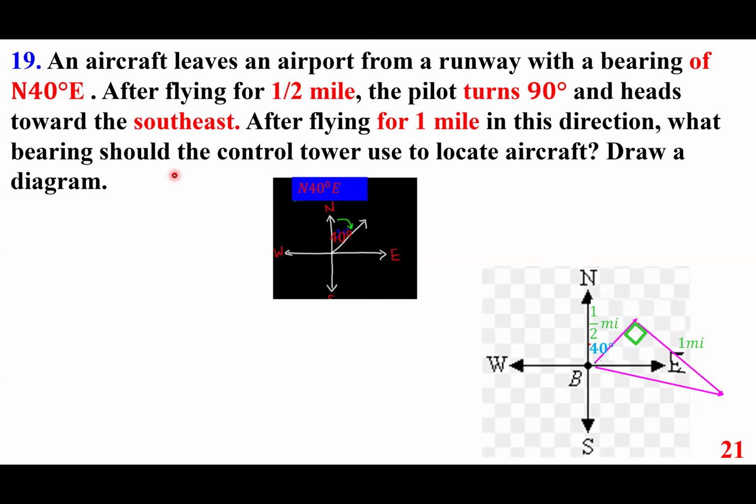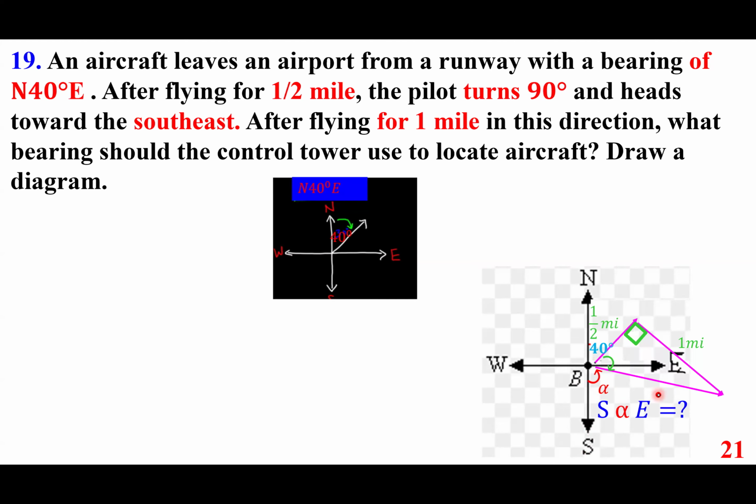So let's connect the two. There is some angle here, which we can find. There is some angle here, and this is going south. This angle, let's say alpha, east. If we call this alpha, south, alpha, east.